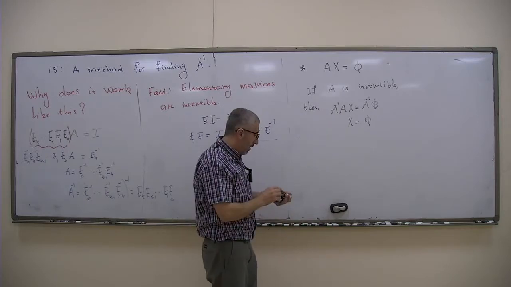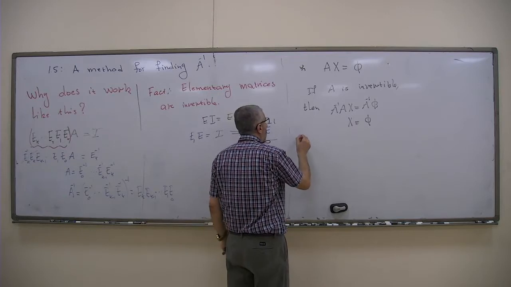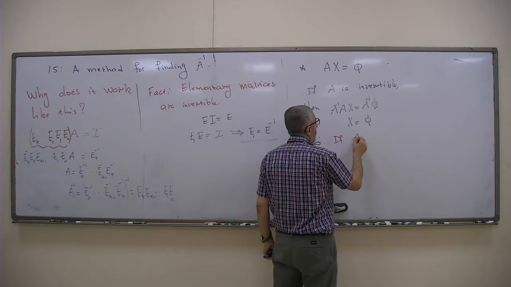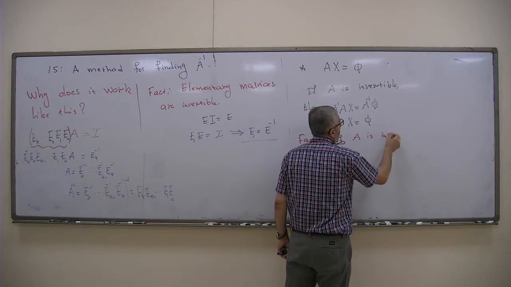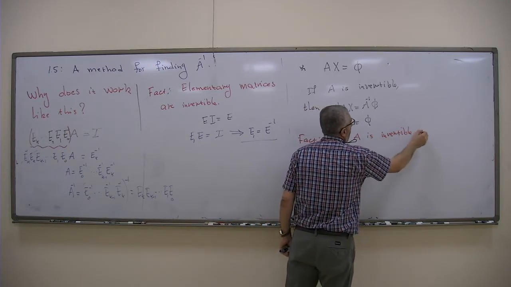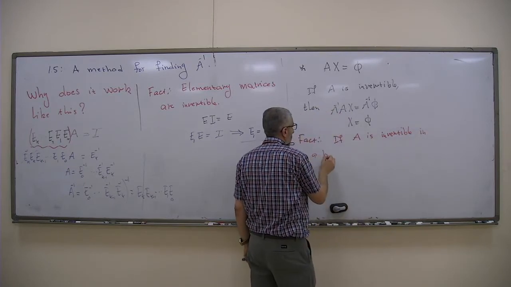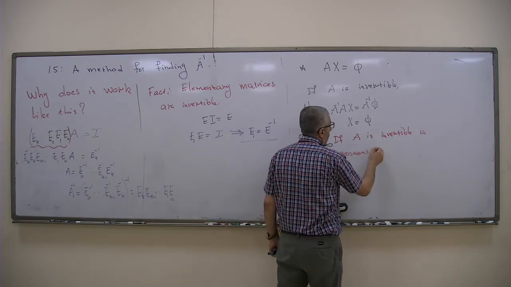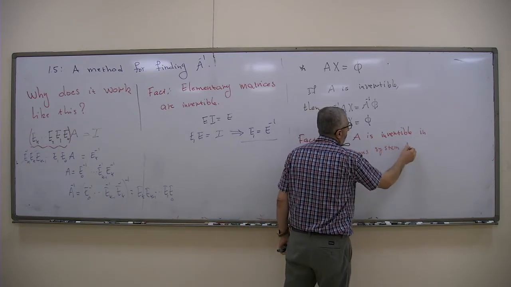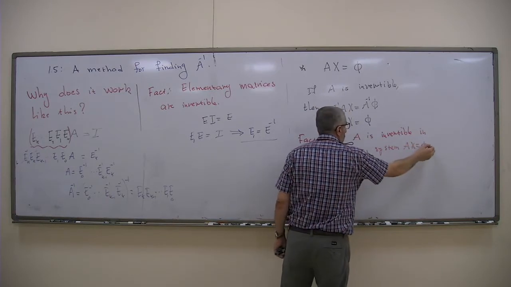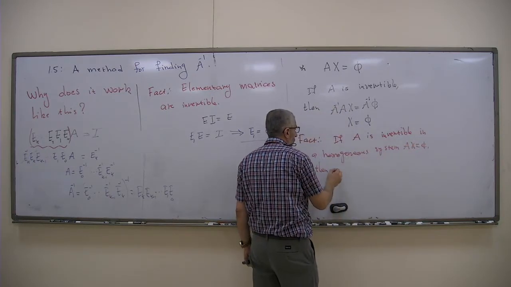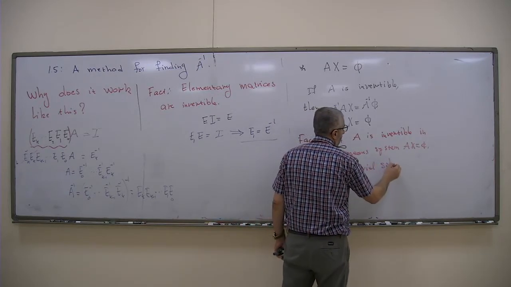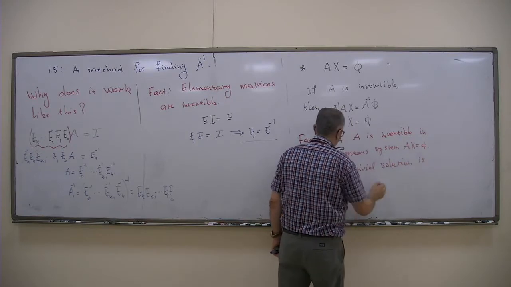Okay? So here, fact, if A is invertible in a homogeneous system, AX equals 0, then the trivial solution is the only solution.